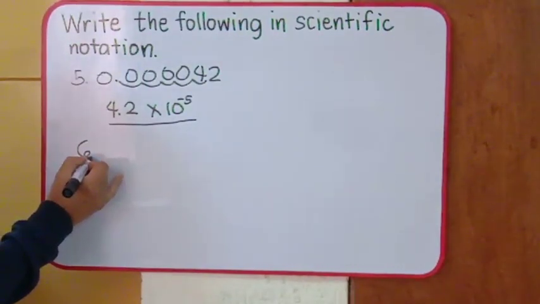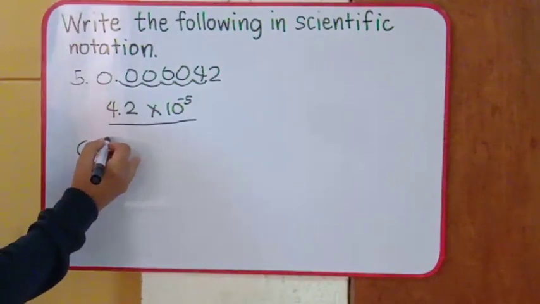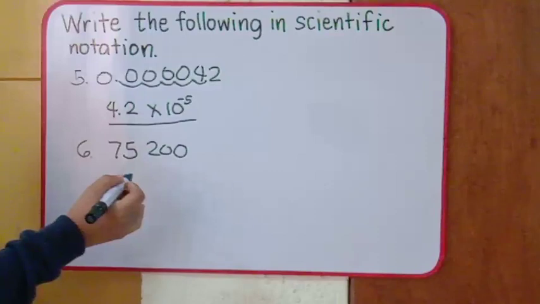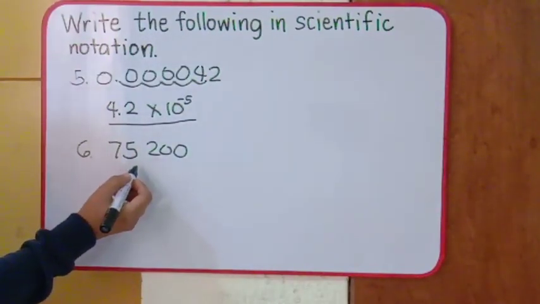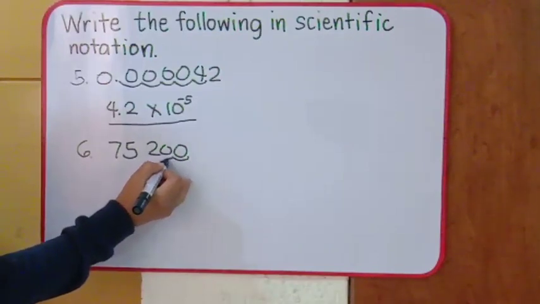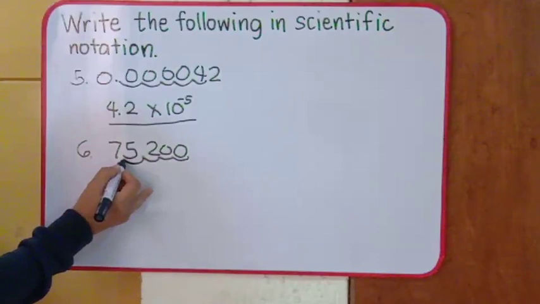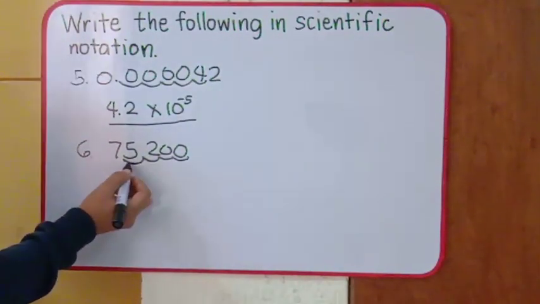Now let us have example number 6. So example number 6, we have here the number 75,200. So what will be the value of A here when we change it to scientific notation? So we have here 1, 2, 3, 4. So we will stop at the second significant digit from the left.